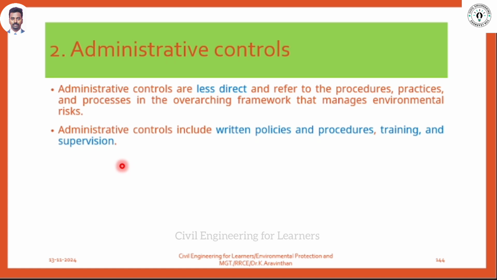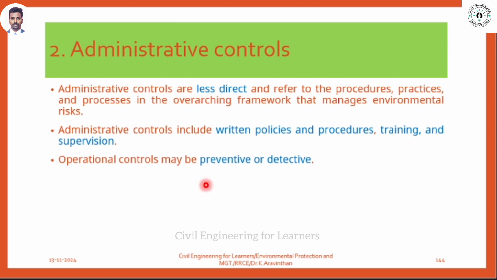Wearing a safety helmet in construction, is it engineering or operational or administrative? Wearing a helmet: administrative. There is no technical thing which is happening. So these things are written policies, procedure, training and supervision. They come under administrative control. That is why they say it is less direct.